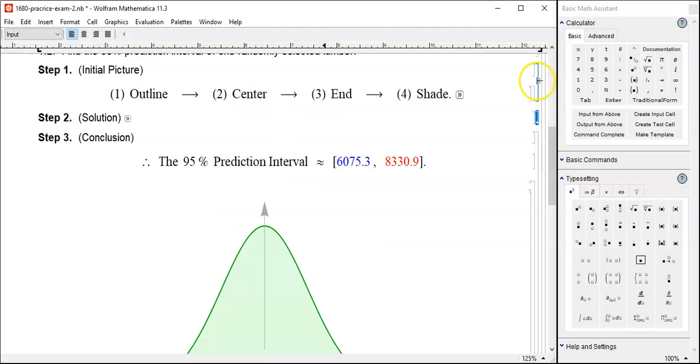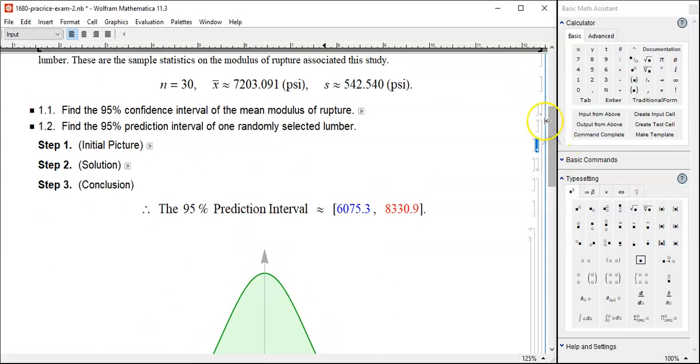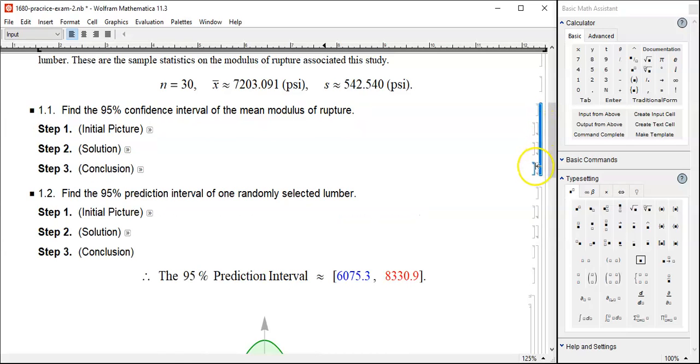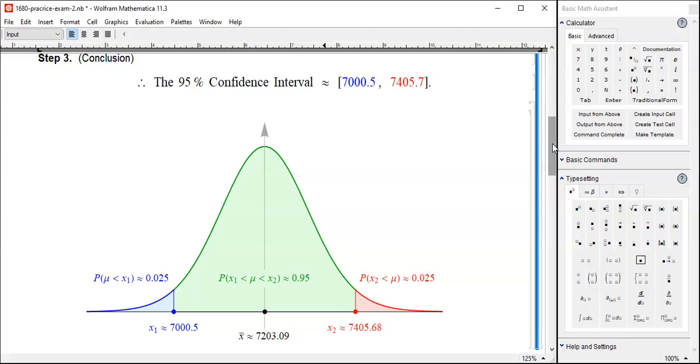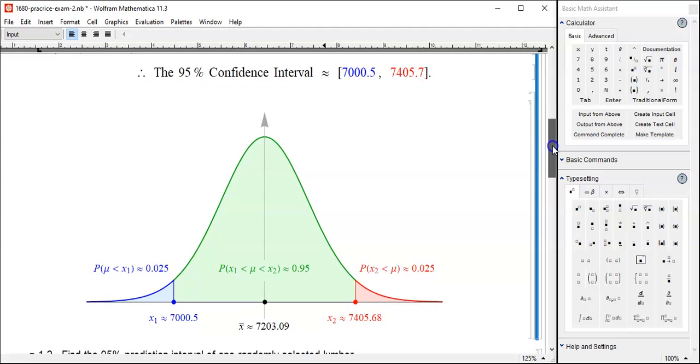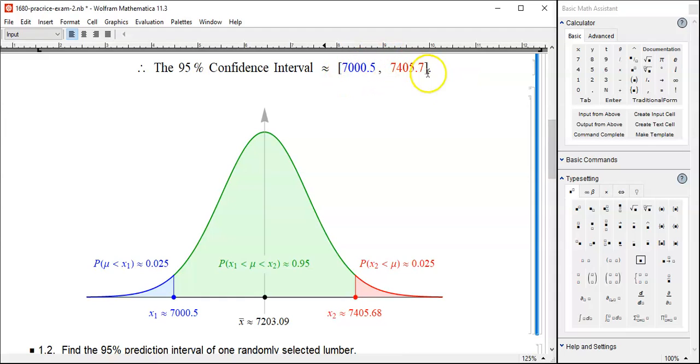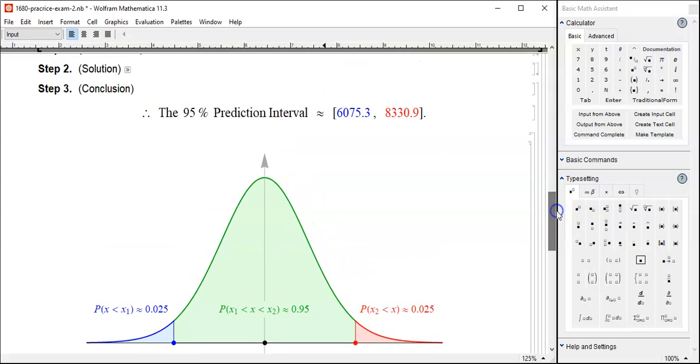Now, if you go over to confidence interval for the mean of 30 numbers tested, you go from 7,000 to 7,400, approximately speaking. Look at this size. Size is about 400, so margin of error is about plus or minus 200 max. Let's go down here. 6,000 to 8,300 something, so about 2,300. That's the interval size.